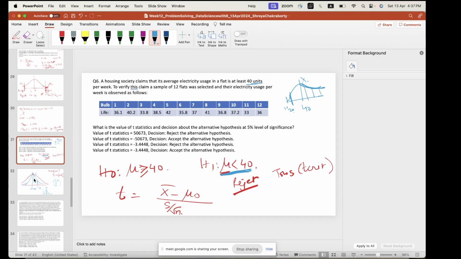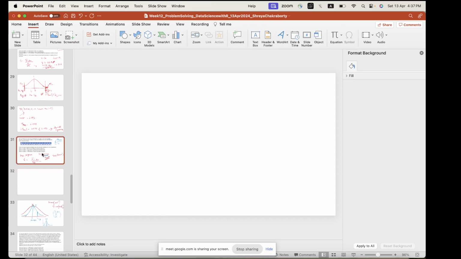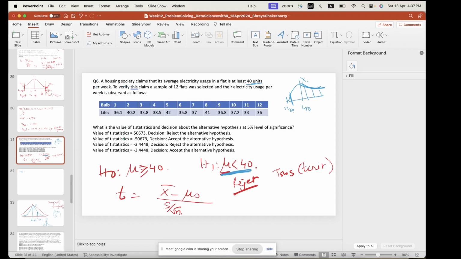So here is your confusion, I think. Let's say from this, you can either calculate the p value or the critical value. So let's say your t observed is how much? You just calculate x bar.